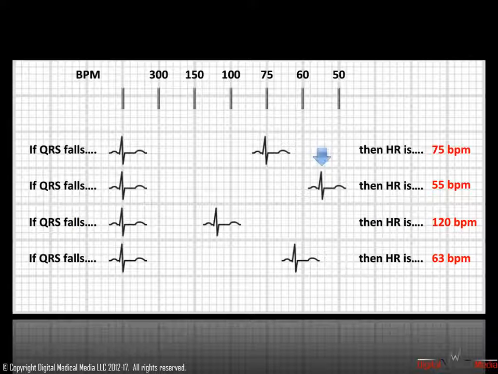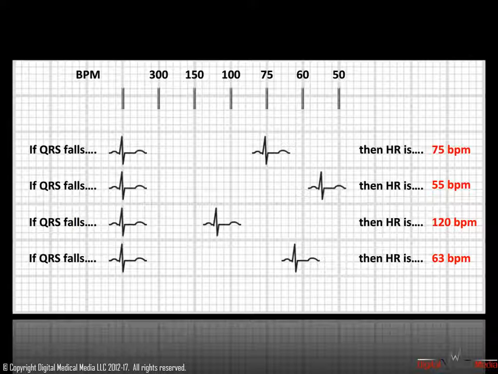It is between 50 and 60 beats per minute. The heart rate here is 55. If the QRS is here, 300, 150, 100, the heart rate is 120 beats per minute. And in the final example, 300, 150, 100, 75, 60, the heart rate is 63 beats per minute.